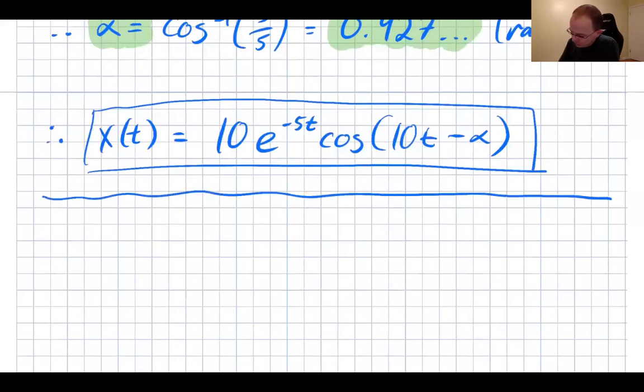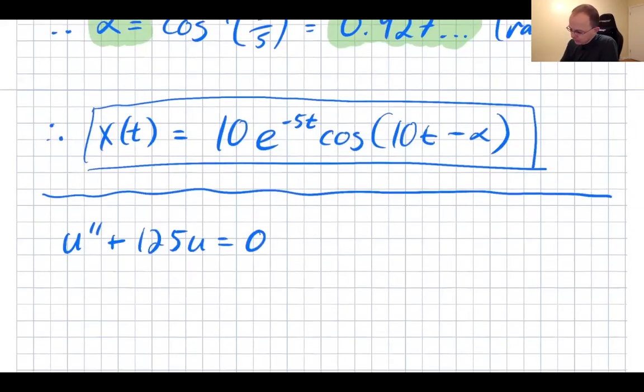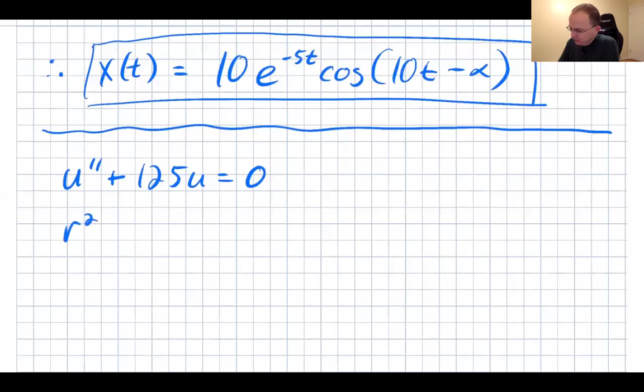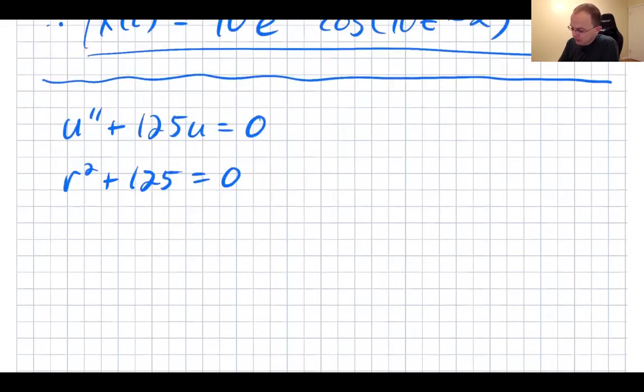So that was going to be u double prime plus 125 u is equal to 0. So our characteristic equation is this. And so therefore r is going to be plus or minus i times the square root of 125, that'll be 5 root 5.